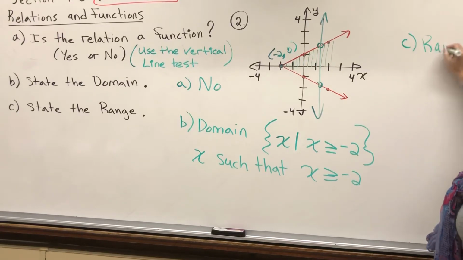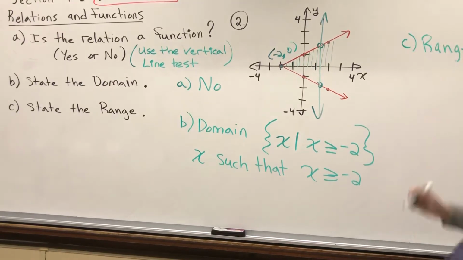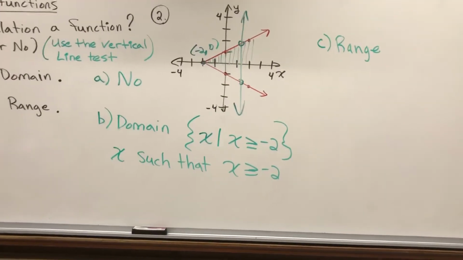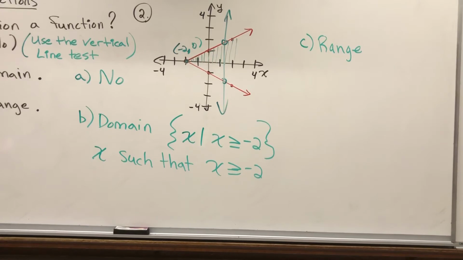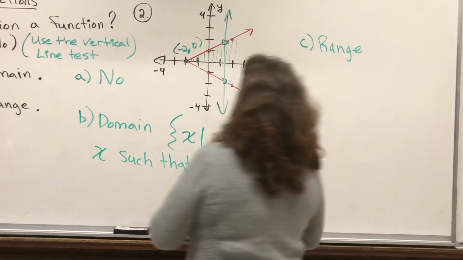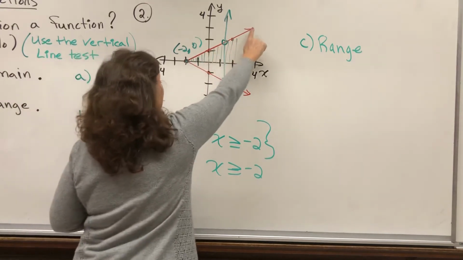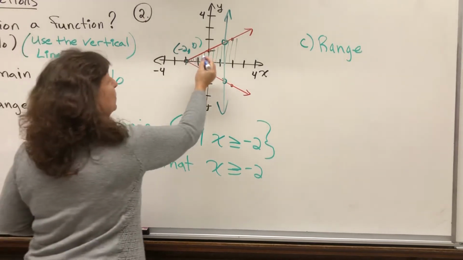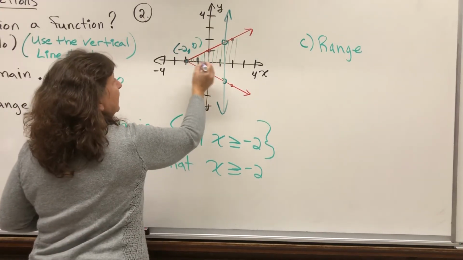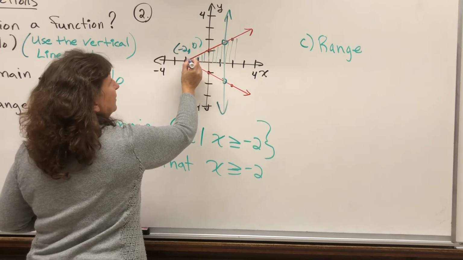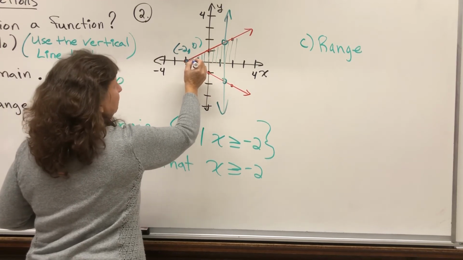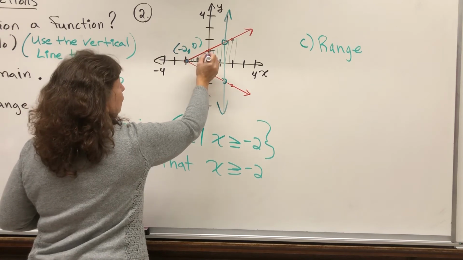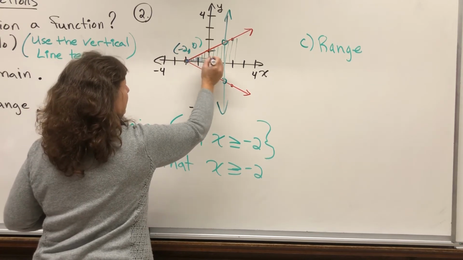The range are all values of y that have a meaning in terms of this graph. So I'm going to rotate you guys so we can look at the range here. The range are going to be values on this graph that have a y value, that have meaning in terms of the picture. If I look at the y-axis, I can notice that when I went here to -2, I'm going to draw in the verticals.